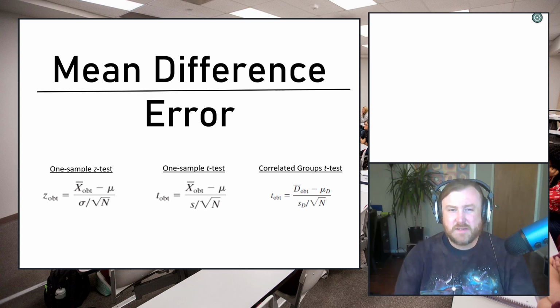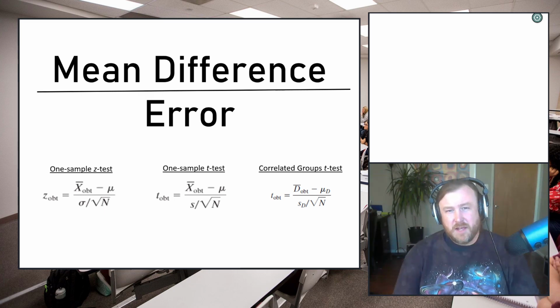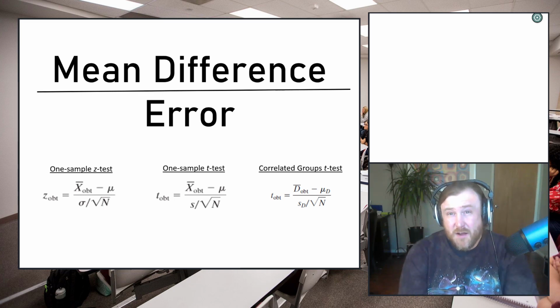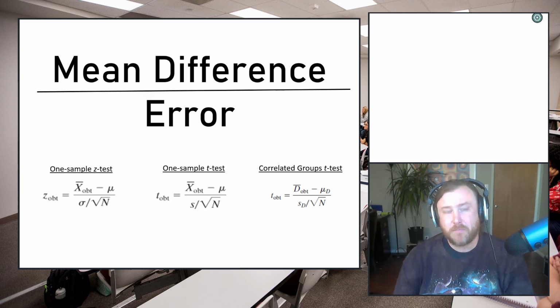So let's take a look at these equations, right? Essentially what we've been doing, and realistically what we're going to do for the remainder of this course, is we're going to be in the business of more efficiently computing error.